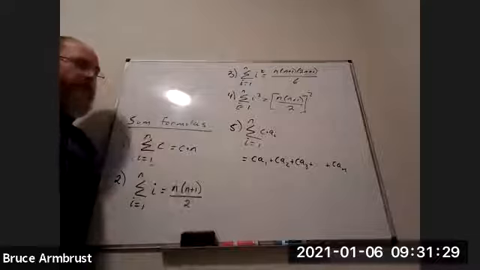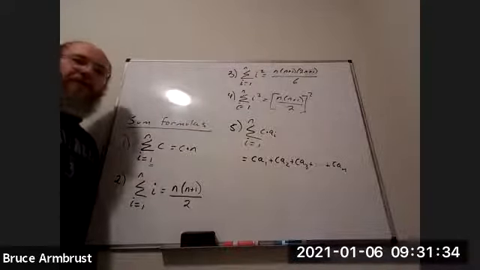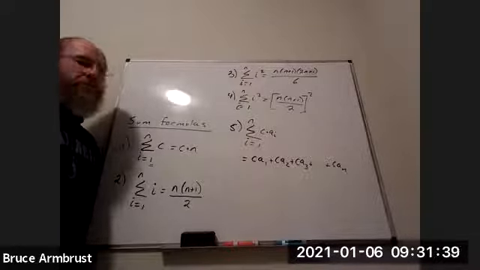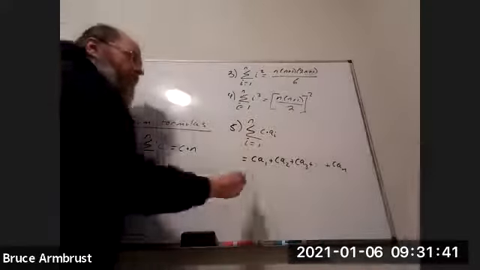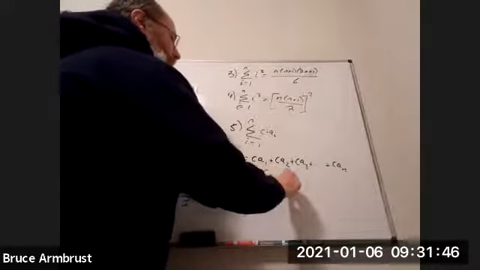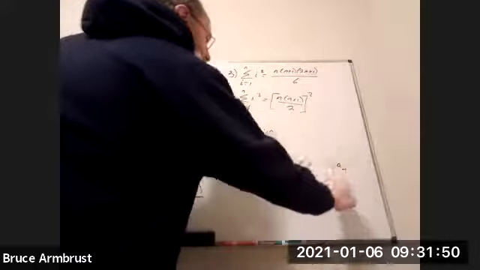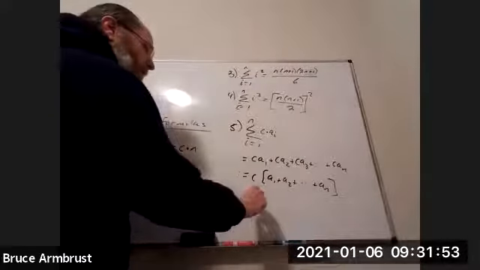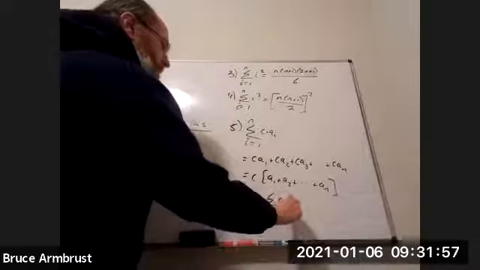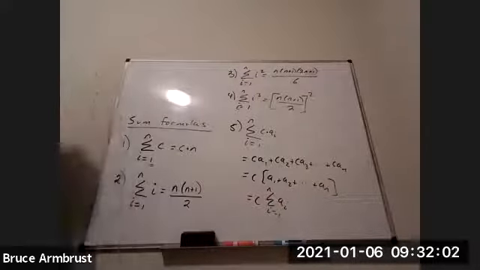But notice that each of those terms has a c in them, which means we can factor it out. So you get c times a1 plus a2 plus all the way down to a sub n. And notice that all that stuff in the brackets is just the sum of the a terms.